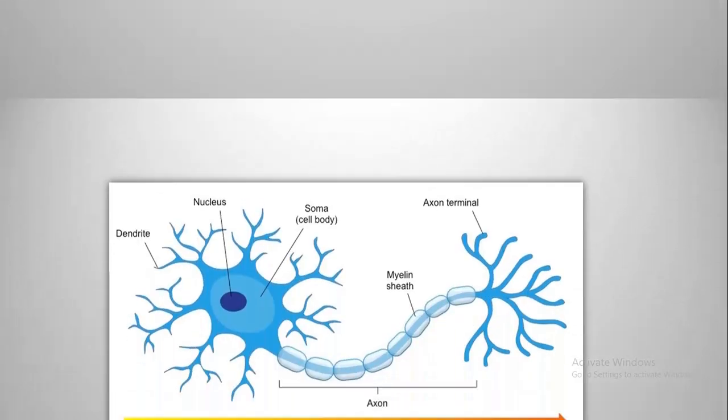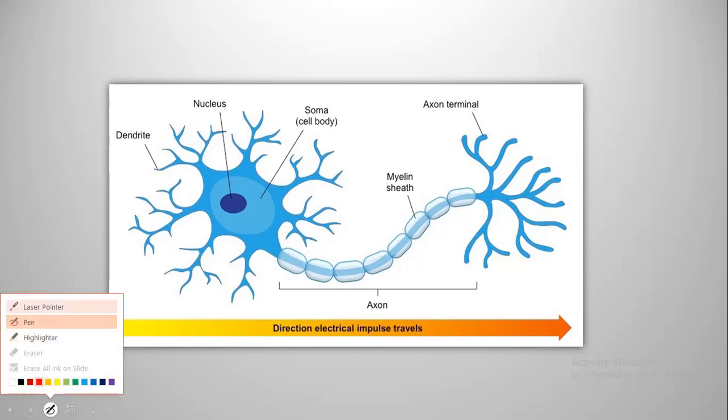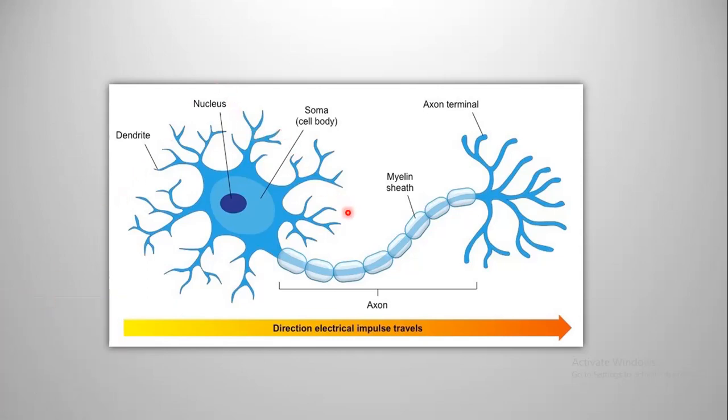Now here is our very well-known diagram for the neuron, a diagram we are very familiar with. We have seen this diagram from our school and college level textbooks. Just to describe this diagram, you have a lot of dendrites at this end, and dendrites are branches of the neuron.